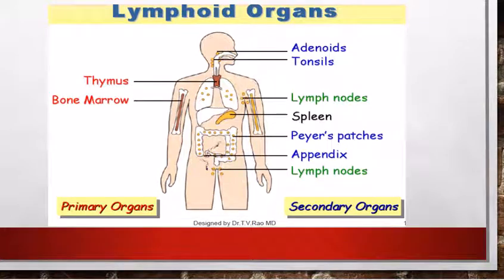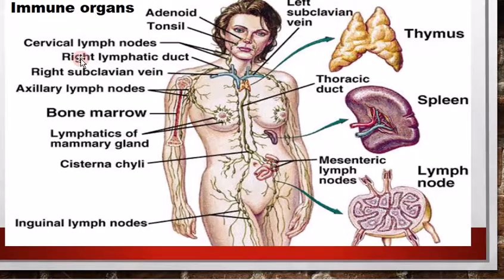Okay, the next is just to show you the immune organs overall. The very important thing is the thymus, which is present between your lungs, then the spleen, which is present along with your liver, and these are the lymph nodes, just a magnified structure, but they are very important for the immune response.